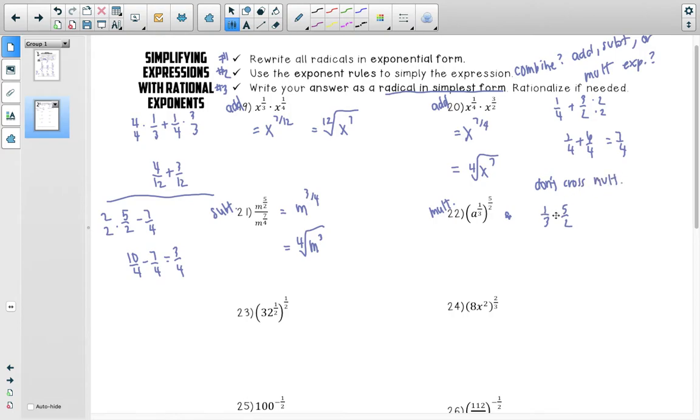That only happens if they're equal to each other. But you can cross cancel, but there's nothing to cancel. So if there's nothing to cancel across, you just multiply top to top and bottom to bottom. So that gets us 5/6. So we have a to the 5/6, and then we remember the number on top goes on the inside, and the number on the bottom goes with the radical. Voila, you're done. It's one short of making a group of 6, so you can't simplify it, and that's the answer.